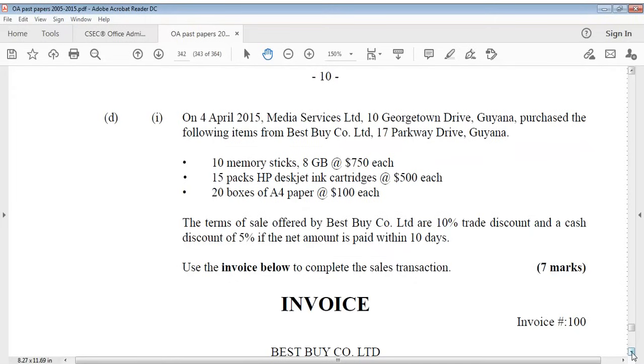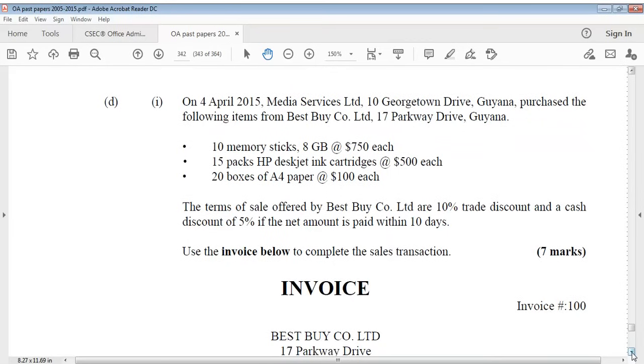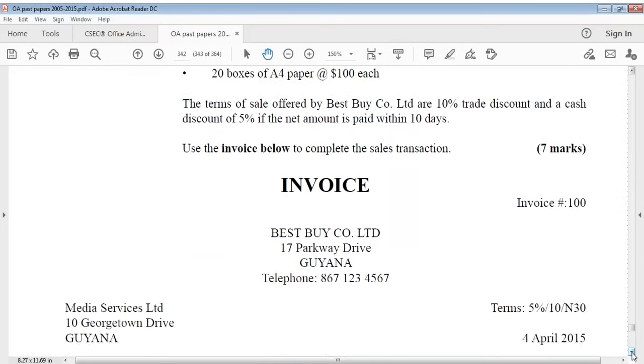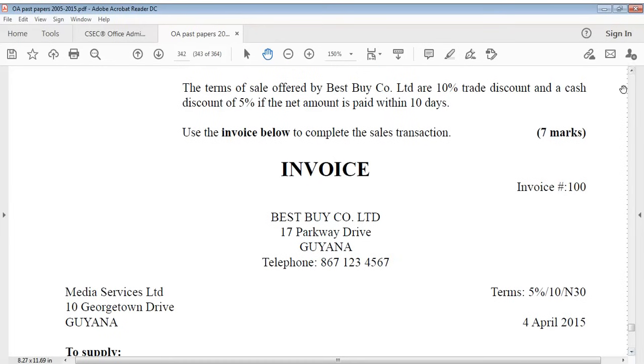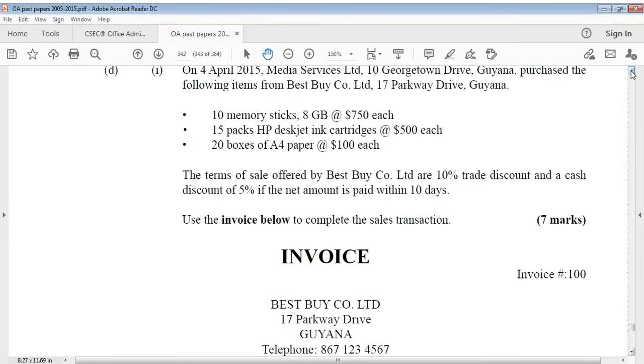It tells us what some things were that were purchased from Best Buy Company Limited. So it tells us 10 memory sticks, 8 gig at 750 each, 15 packs of HP Desk Jet ink cartridges at $500 each, and 20 boxes of A4 paper at 100 each.